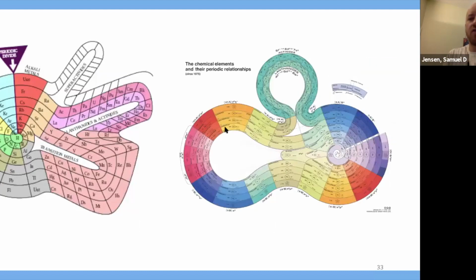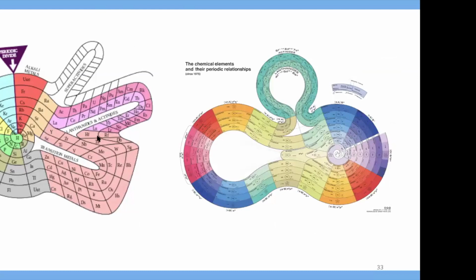So these are pictures here, and I'm going to mute my video again. Our periodic table is not the only periodic table in existence. There were a variety of other kinds of periodic tables that people came up with. You can see these are two relatively interesting designs for elements.